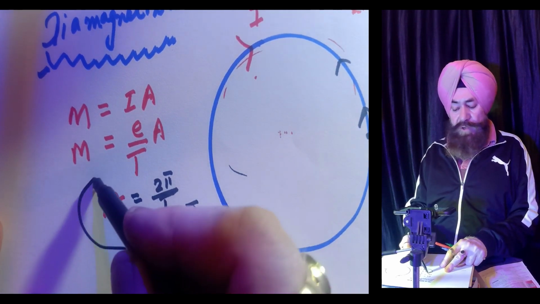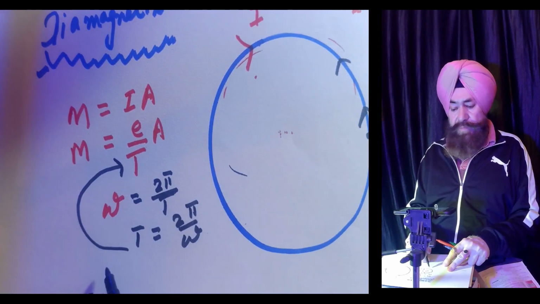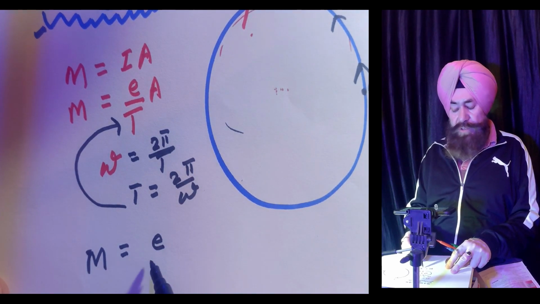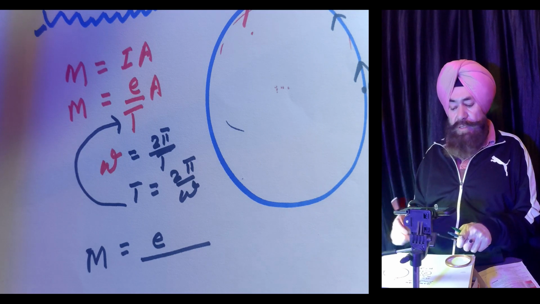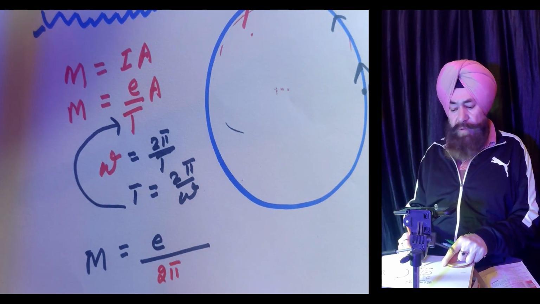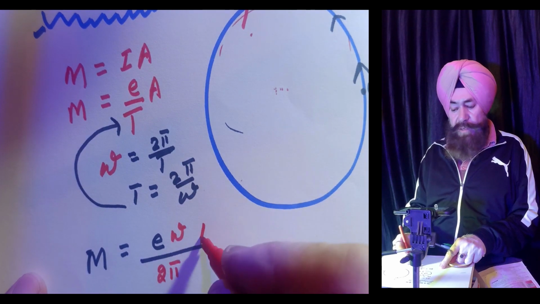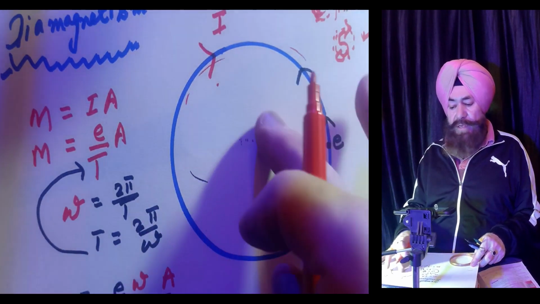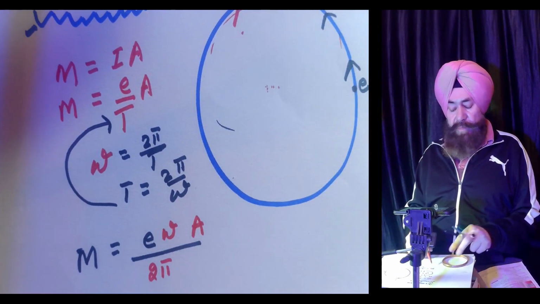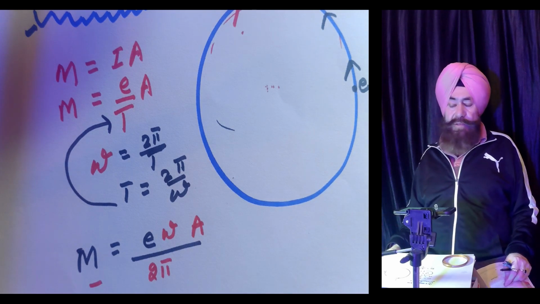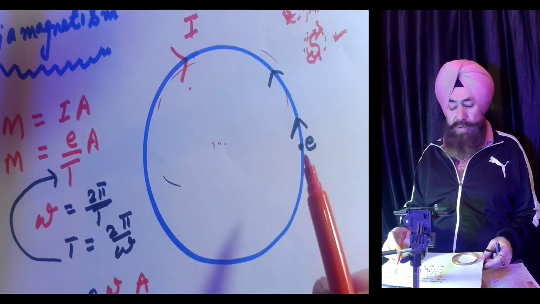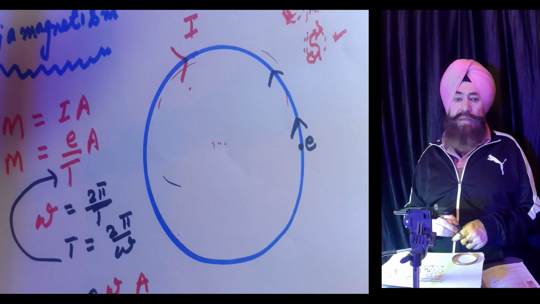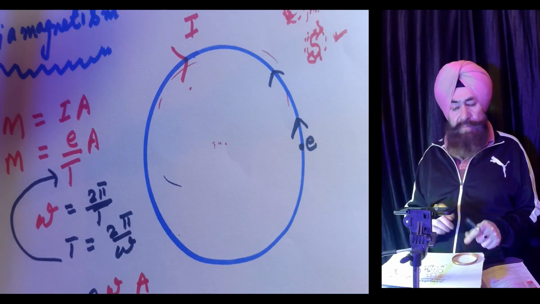Substituting T here, the magnetic moment becomes charge divided by 2 pi by omega, so omega comes in the numerator, multiplied by the area. Area of a circle is pi r squared. This is the magnetic moment when the electron orbits in a circle; it behaves like a tiny magnet having a magnetic moment.